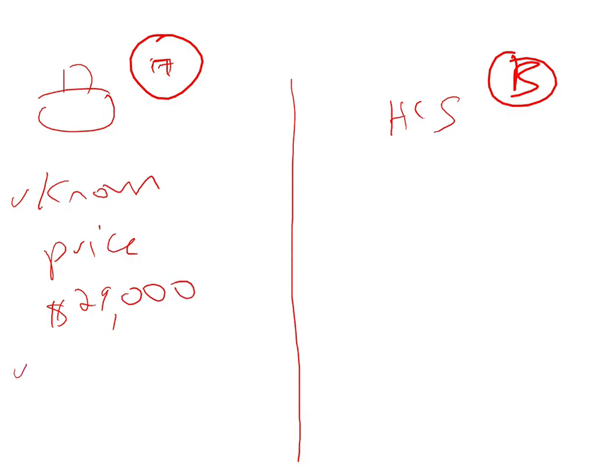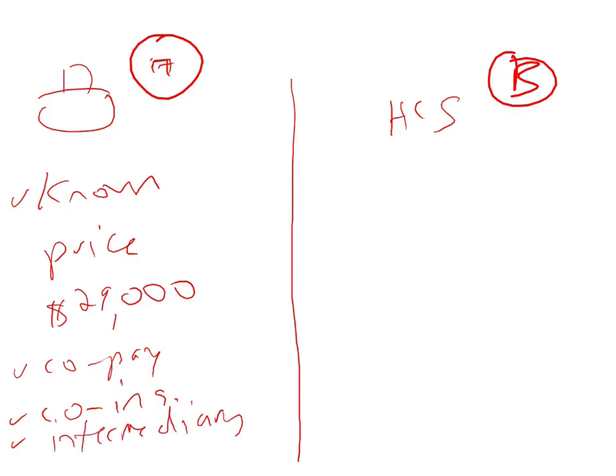The other is there's no copay, there's no coinsurance, there really is no financial intermediary in buying the car. Now, when you paid for these healthcare services, you did have an intermediary. And the intermediary is the health insurance company.